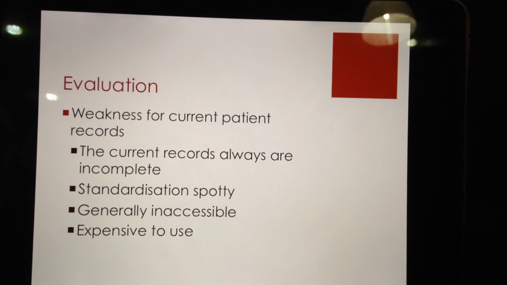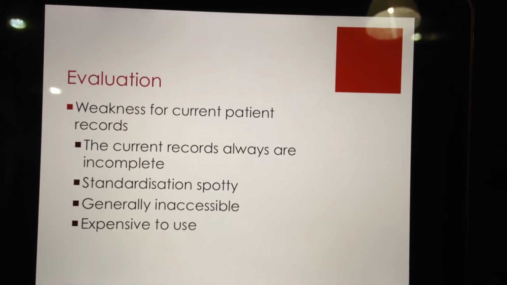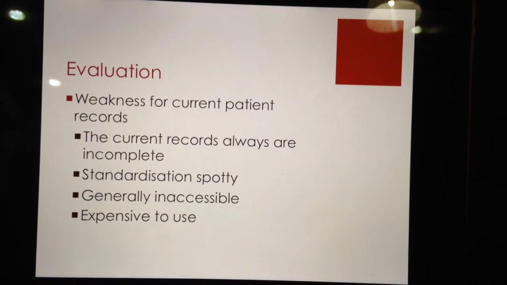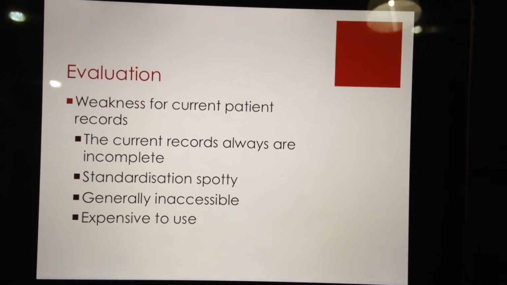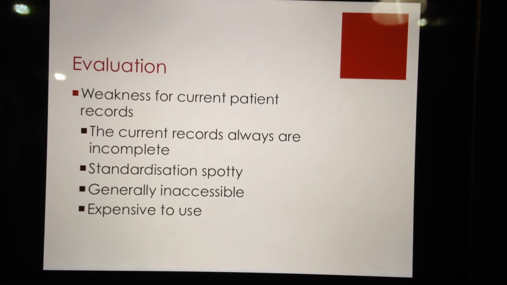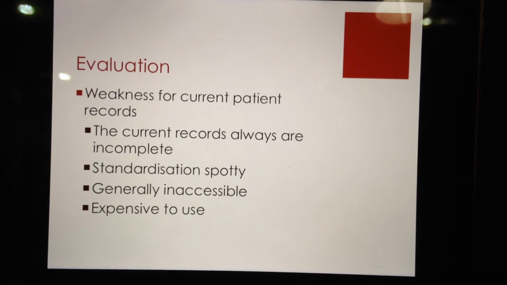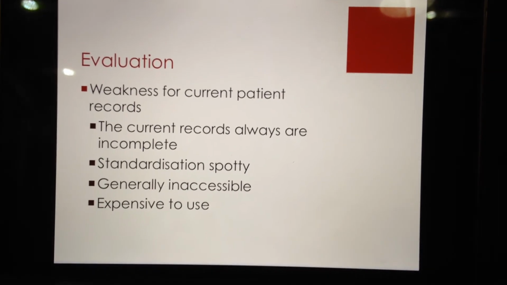Patients or clinicians usually have limited access to the records, except in some hospitals and large health plans. Last one is it's very expensive to use. The hospital inpatient records are very expensive to get and preserve.